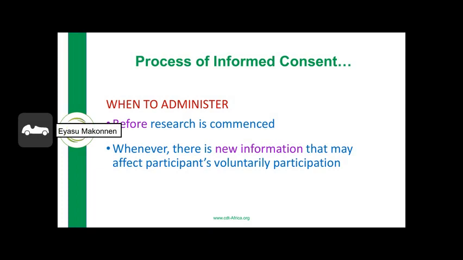Informed consent process has to be administered before the research is commenced, and if there are new objectives or procedures introduced which may affect participants' voluntary participation.